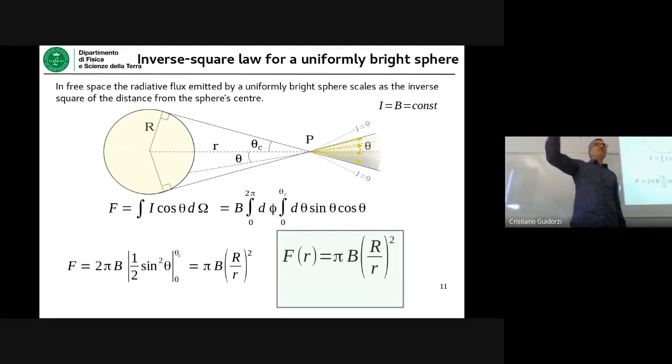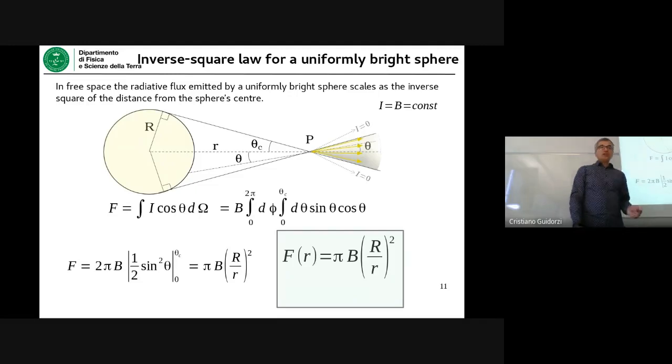So the further you go, the lower the flux you measure, which matches your everyday experience. The further you are from a source of radiation, the fainter the flux you measure. And what's the scaling? 1 over r squared. That's exactly what we saw before. Now we recovered it in a different way.